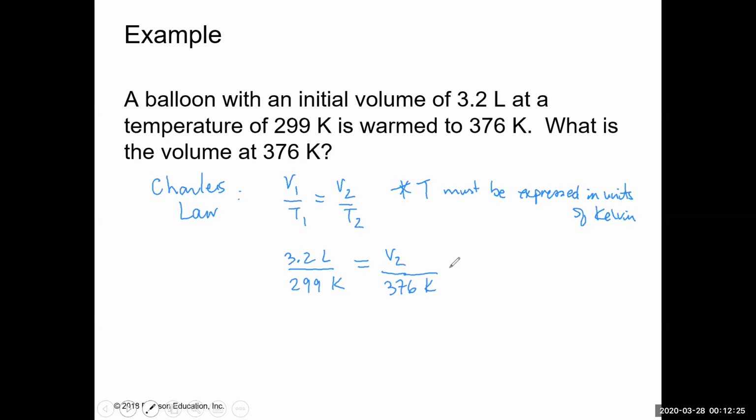So to solve for V2, on the left side, we have to move our 376 Kelvin. That was on the denominator of our right side. We need to move that to get it out of the denominator. So we'll need to multiply it over to the left side. So we'll have 3.2 liters over our 299 Kelvin. And now the 376 Kelvin is being multiplied over, and it's going to be in the numerator.